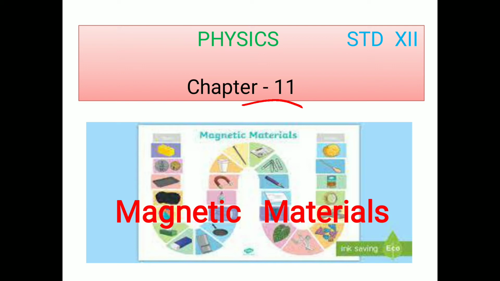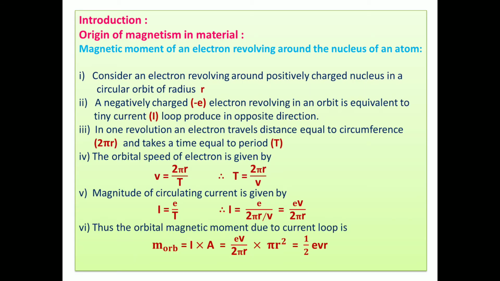That means the atom, which consists of a negatively charged electron revolving around the nucleus, which shows the magnetic properties, as discussed in our next topic, the magnetic moment of an electron revolving around the nucleus of an atom.